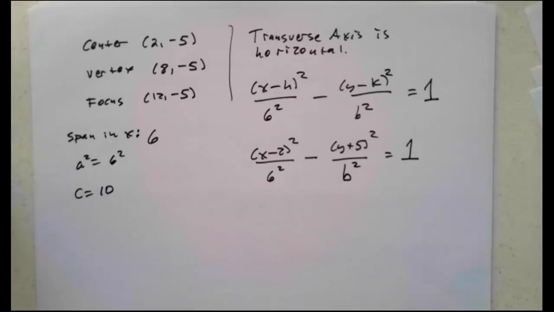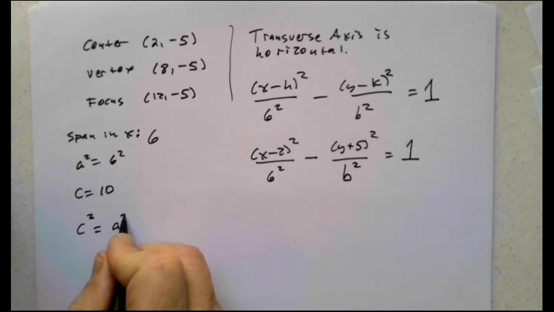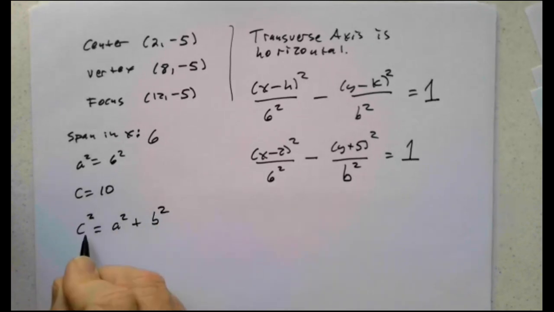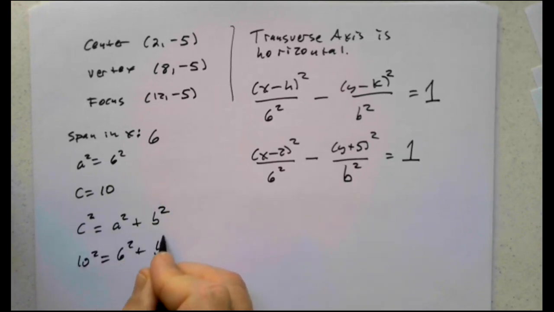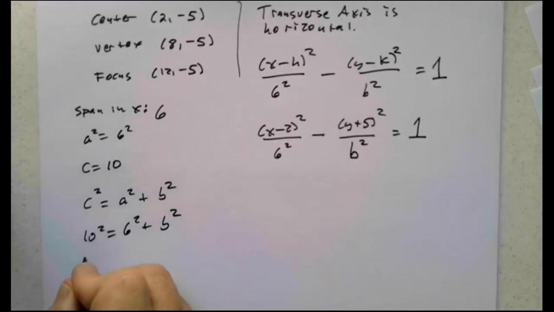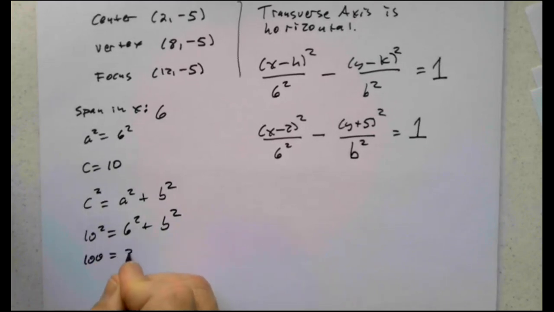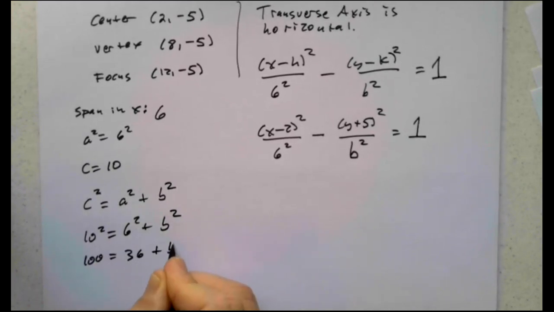So we need to remember our equation for hyperbolas. c squared is a squared plus b squared. c is the distance from the center to the focus. We said that was 10. a squared, span in x squared, 6 squared, plus b squared. 100 is 36 plus b squared.